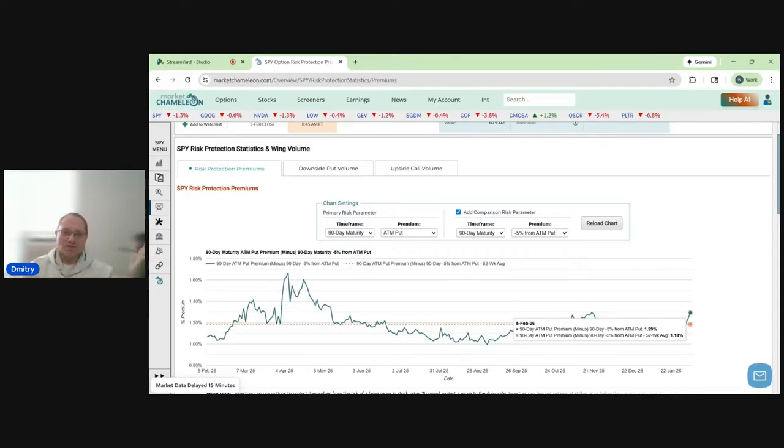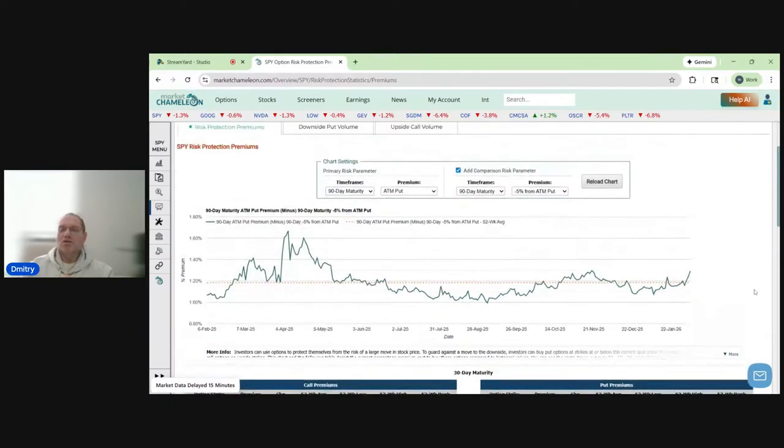So it's $1.29 to potentially make $5. So that is a way to see what a 90-day constant maturity vertical spread, strikes 5% apart, would cost us: $1.29. And this is how high it got historically and how low it got.